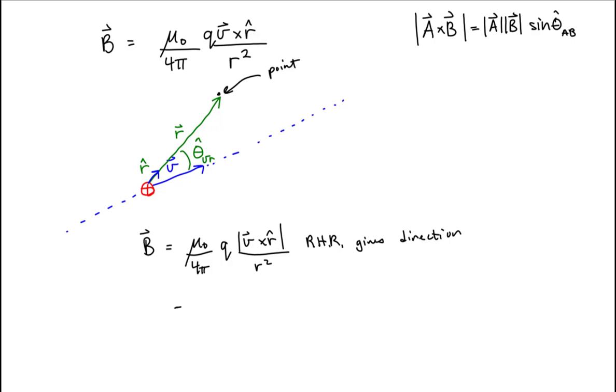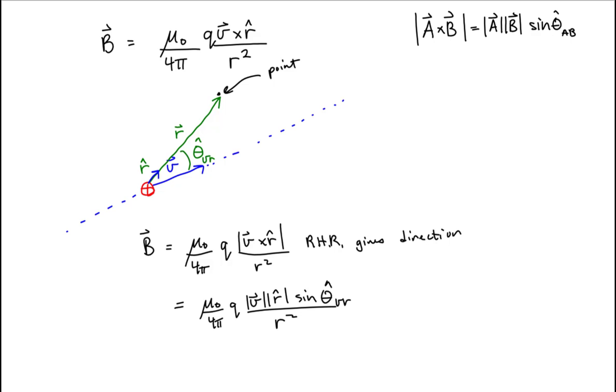Well, the magnitude is given by the product of the magnitudes of each of those vectors times the sine of the reference angle between them, over r squared.